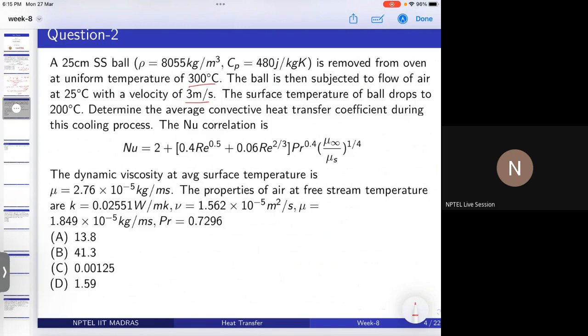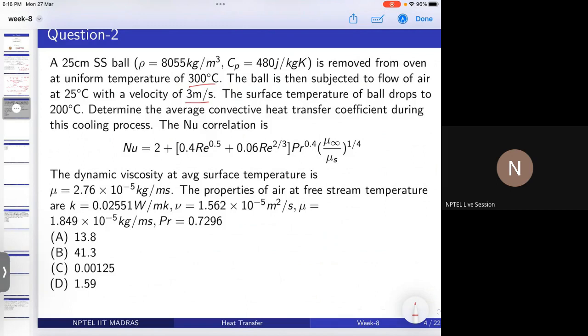So is this free convection or forced convection? It is forced convection, sir. Yeah, this is a forced convection case because, for example, if the ball was simply kept in ambient air, then it would be a case of free convection.